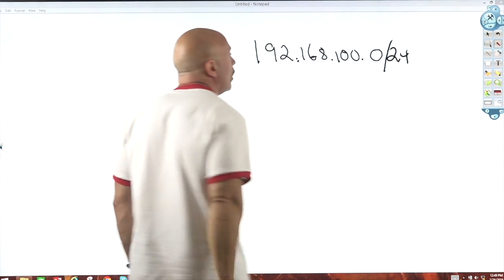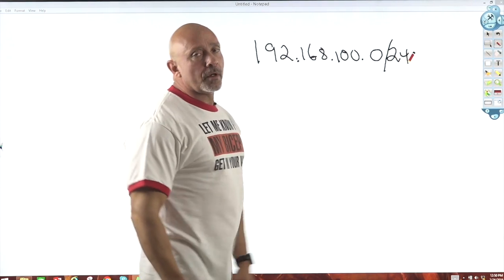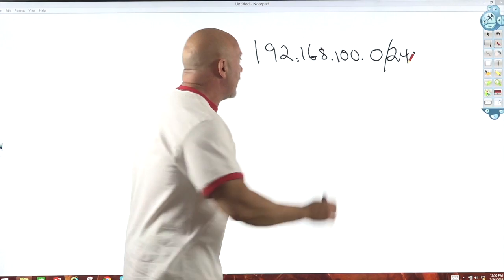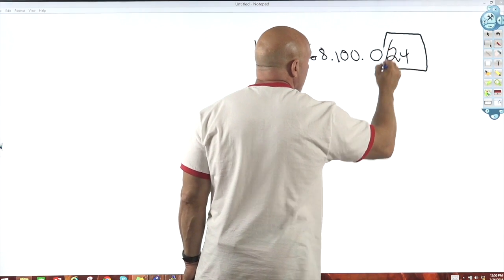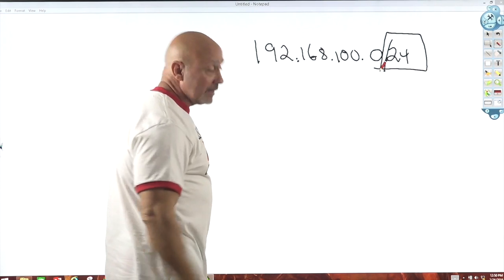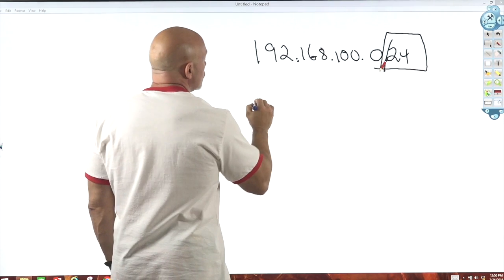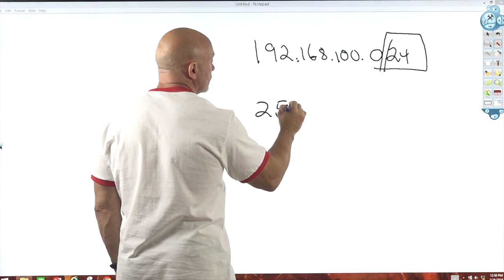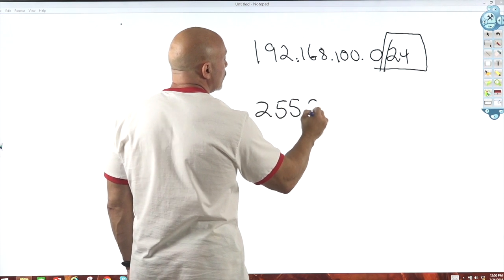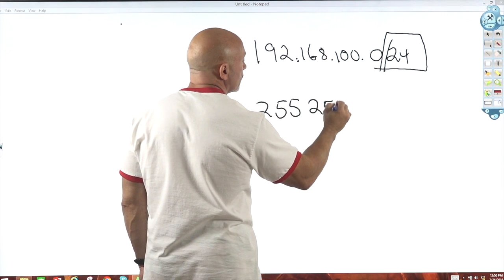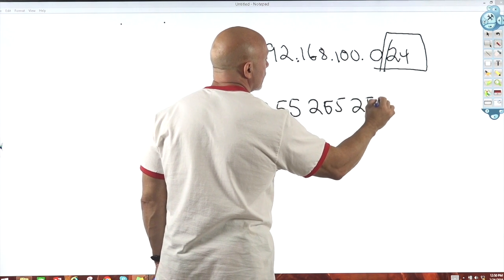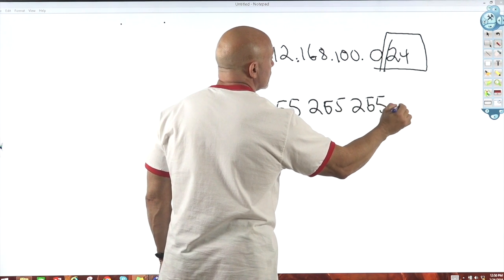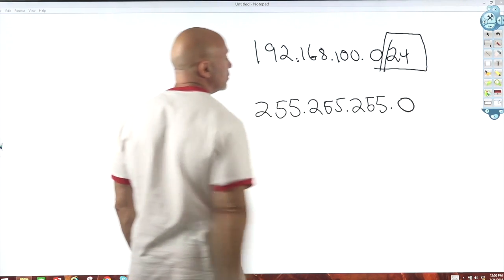If you're using a /24, that's 255, and I'll write it out. This right here is your subnet mask. That means 255.255.255.0.